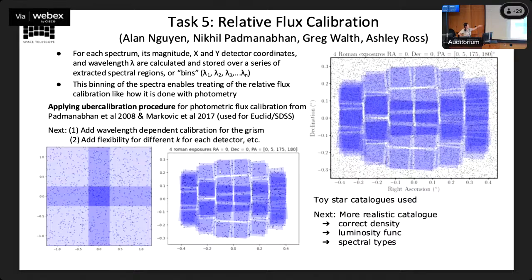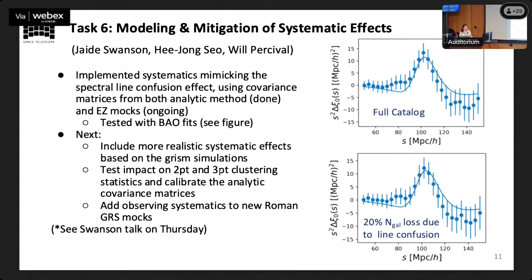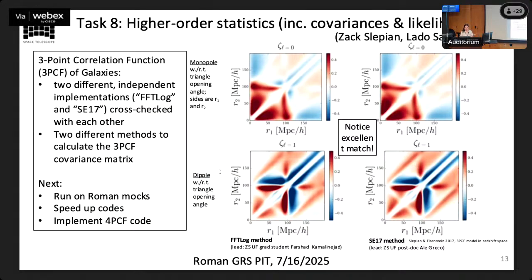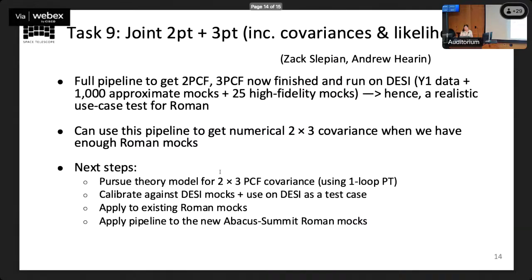And we also are committed to do the relative flux calibration so that our cosmology will actually be robust. And of course, I mentioned we model systematics. And right, this is the bread and butter for the cosmologist part. 2-point statistics, 3-point, right? We're making progress on every single one of these tasks.